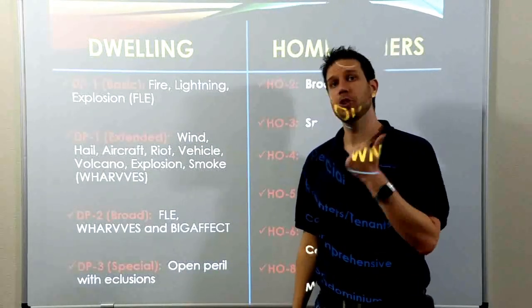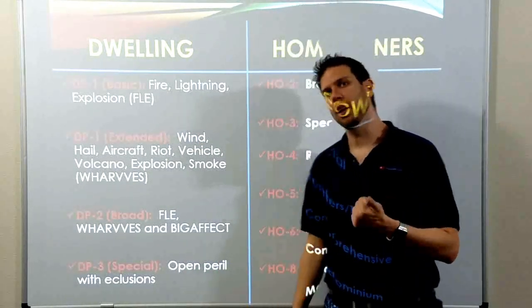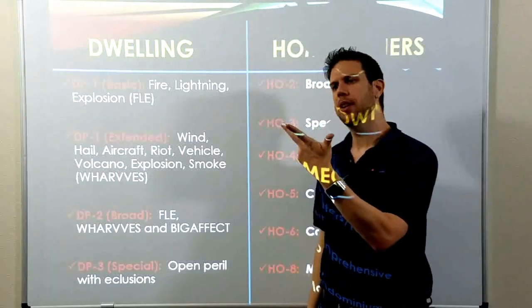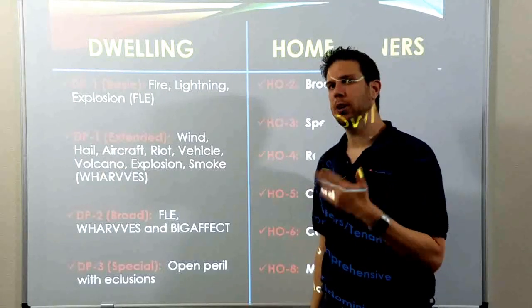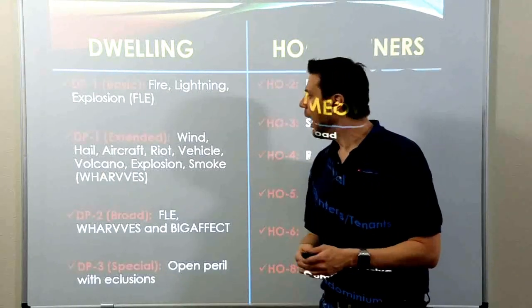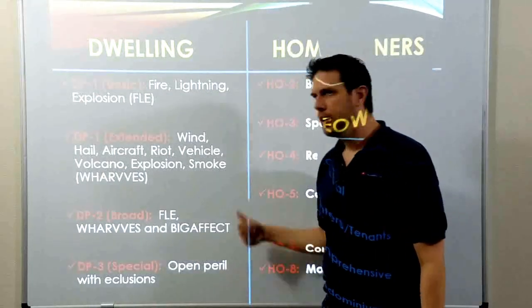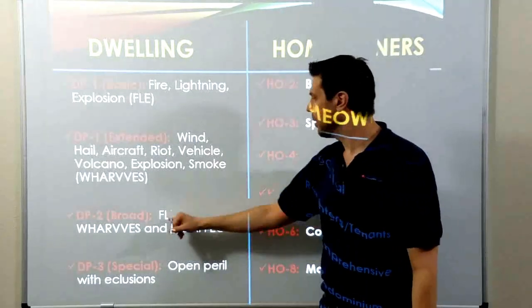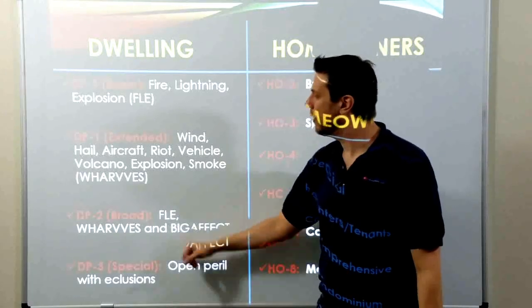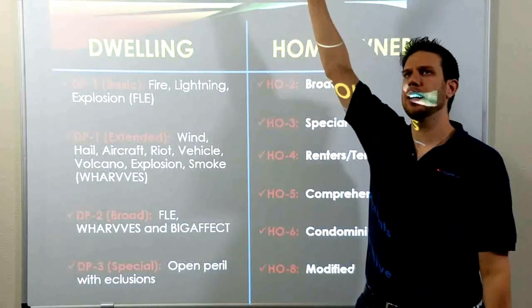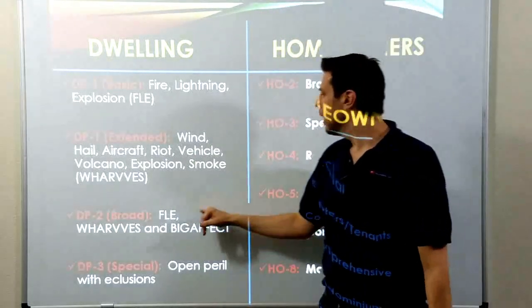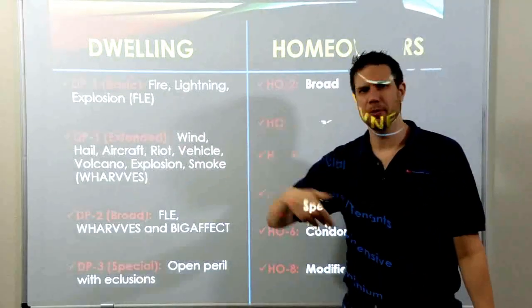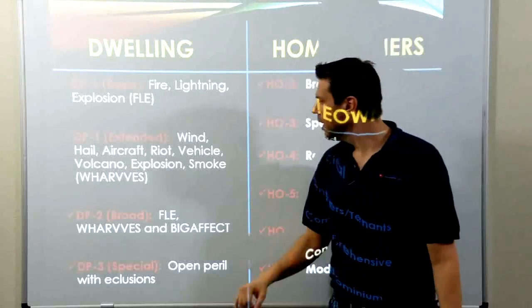So a DP2, Dwelling Policy 2 broad, the broad cause of loss form covers fire, lightning, explosion, wind, hail, aircraft, riot, vehicle, volcano, explosion, smoke, and BIG EFFECT: burglary, ice, glass. So like if somebody burglarizes your house, or if ice collapses your roof. Glass damage, so a golf ball comes through your window.